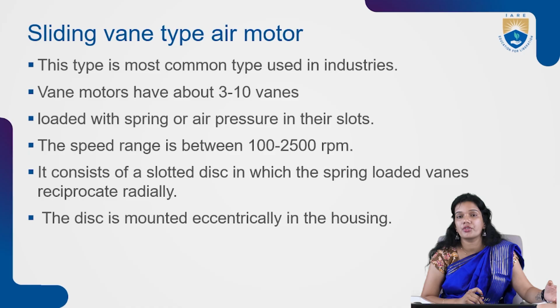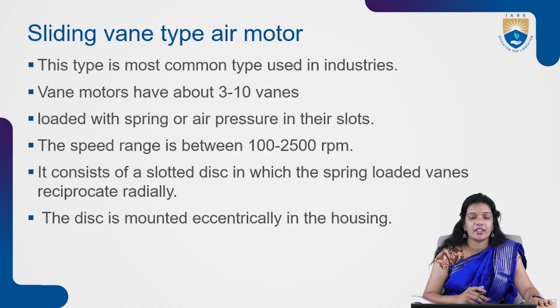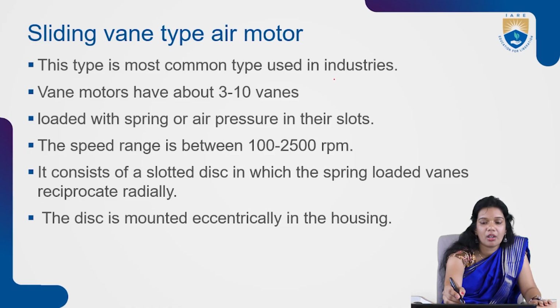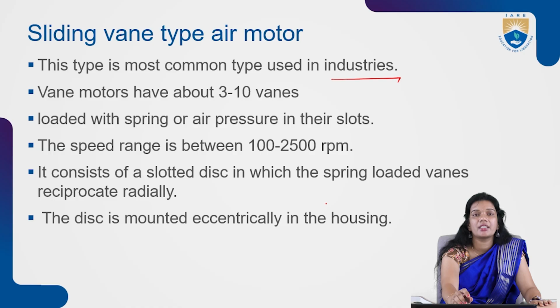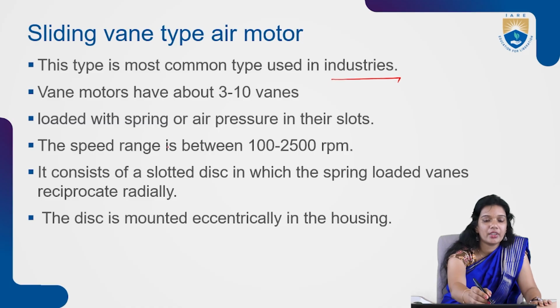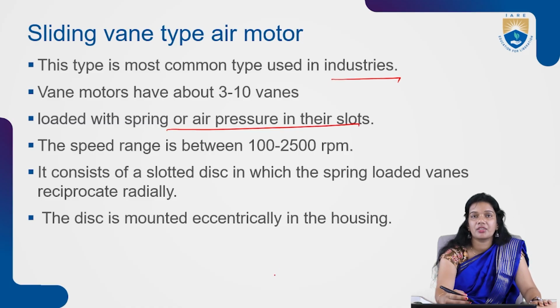The first is the sliding vane type air motor. This is the most common type in the industry. Vane motors have about 3 to 10 vanes. In this type of motor, the vanes are loaded with a spring or air pressure in their slots, so that they are pushed outward.